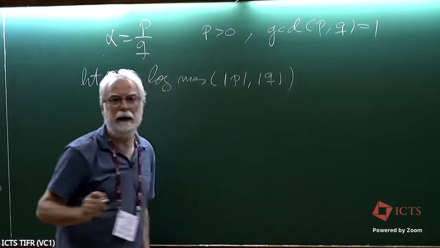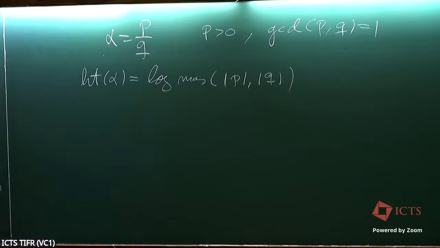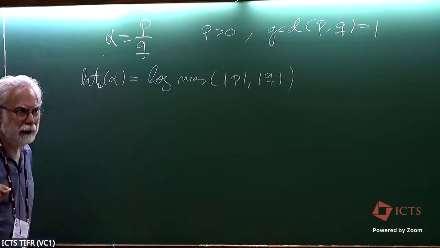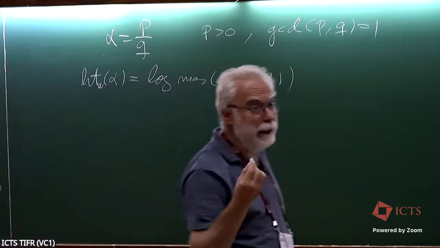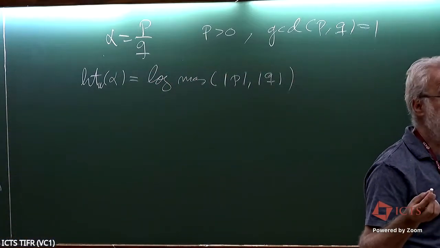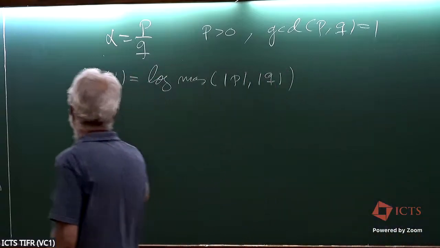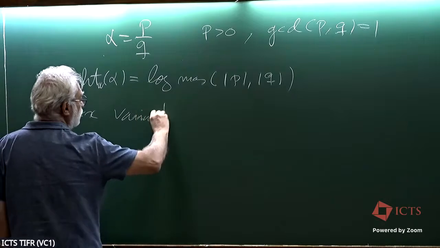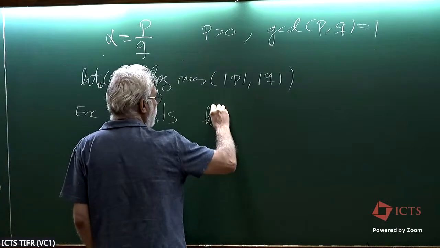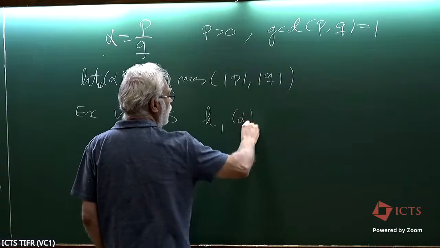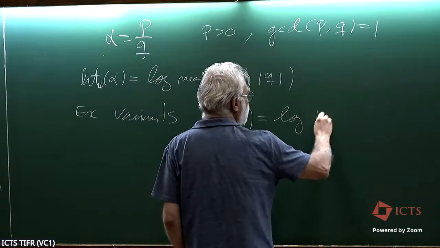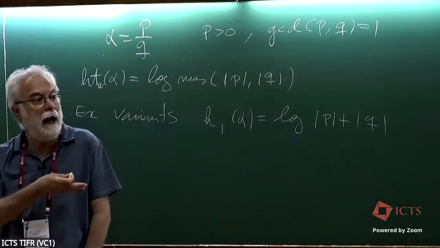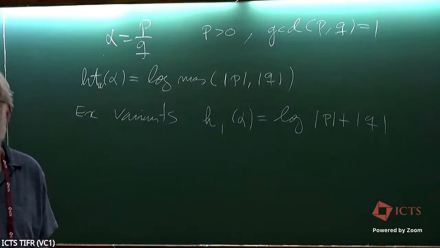Okay? So this was the definition of height that appeared in Fabian's talk, but I will call this the Weil height, because the idea is that there are many functions that will satisfy the same property. For instance, I can write h1 of alpha to be log of the absolute value of P plus the absolute value of Q. This is also a measure of how many digits I need to compare.